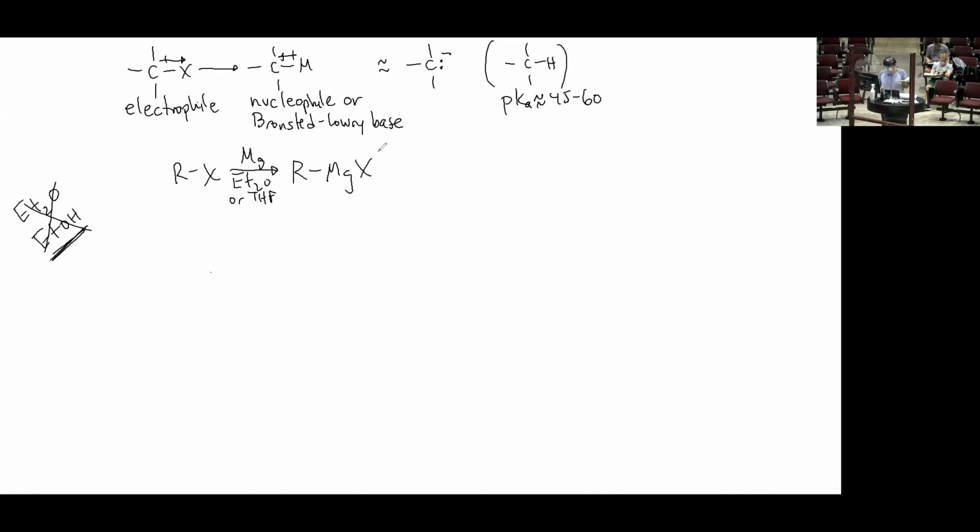As an example, let's take this compound. I'm just making one up arbitrarily. If we were to treat that compound with magnesium metal, again in either diethyl ether or THF, hopefully you remember the structure of THF.